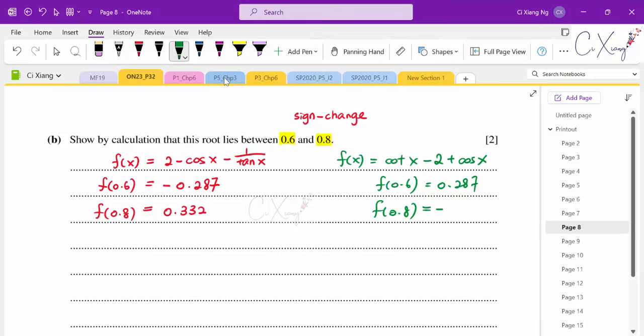So no matter how you move your equation, you will see one value is positive and another one is negative. This is why you call it sign change. Once you see the sign change, you can make a simple conclusion. You can say something like, sign change can be seen, and therefore the root lies between 0.6 and 0.8.